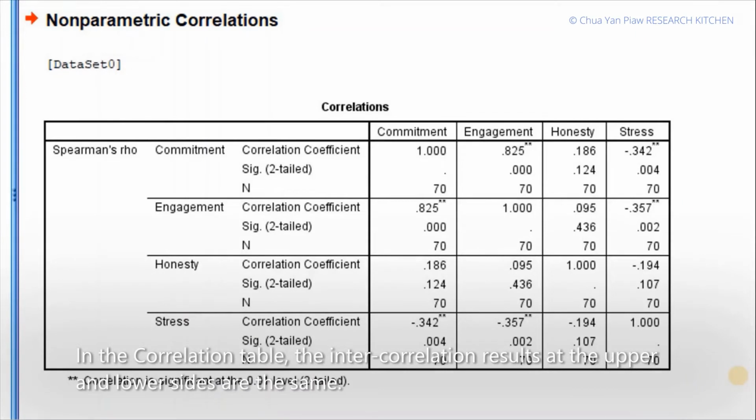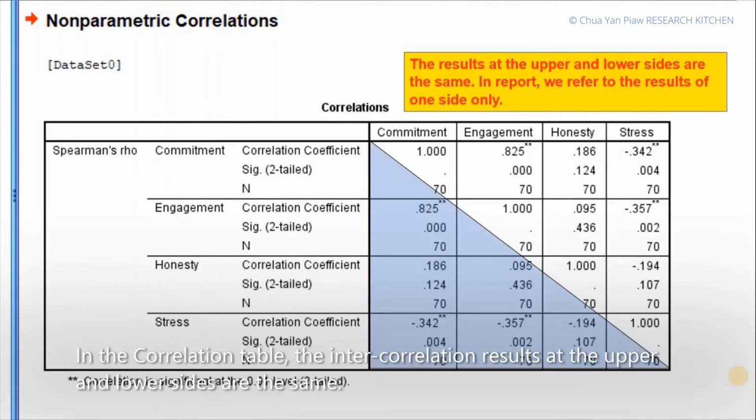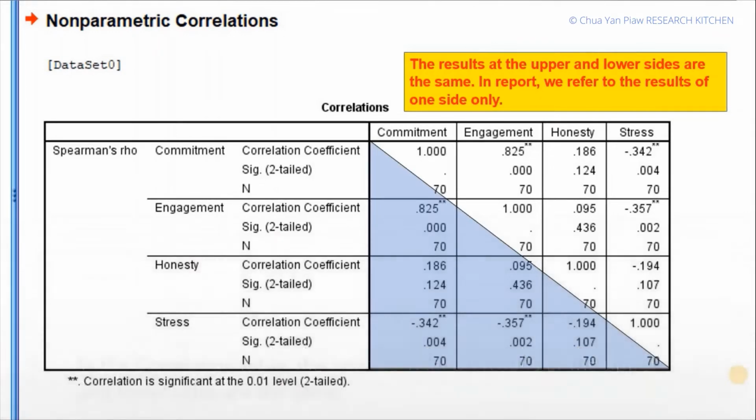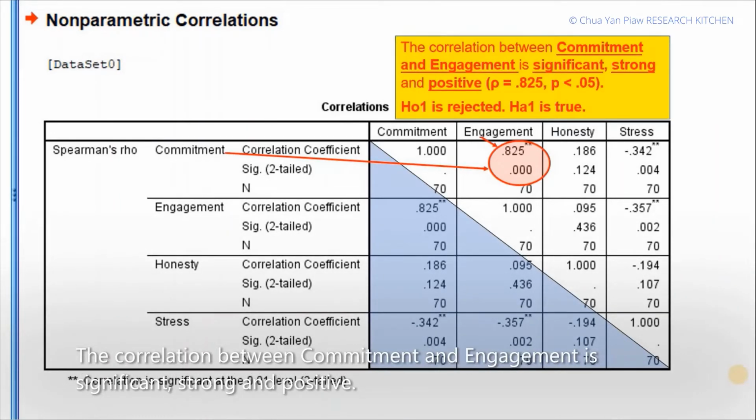In the correlation table, the intercorrelation results at the upper and lower sides are the same. In report, we refer to the results of one side only. The correlation between commitment and engagement is significant, strong, and positive.